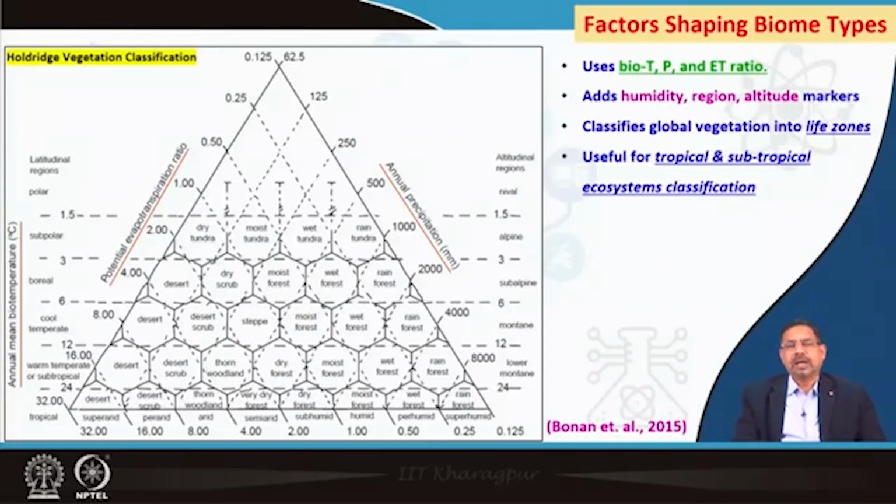These factors also add humidity, regional variation and altitude as markers, and classify global vegetation into life zones, useful for tropical and subtropical ecosystem classification.